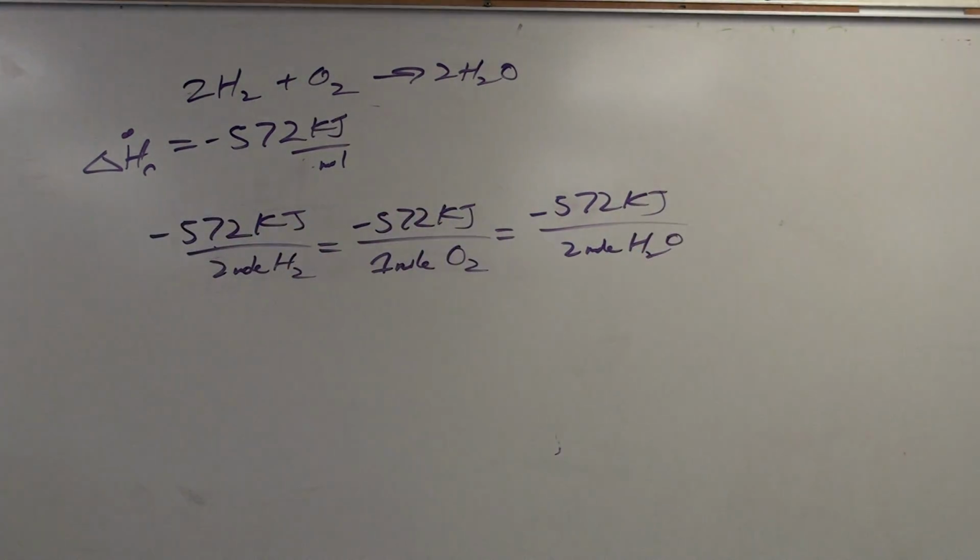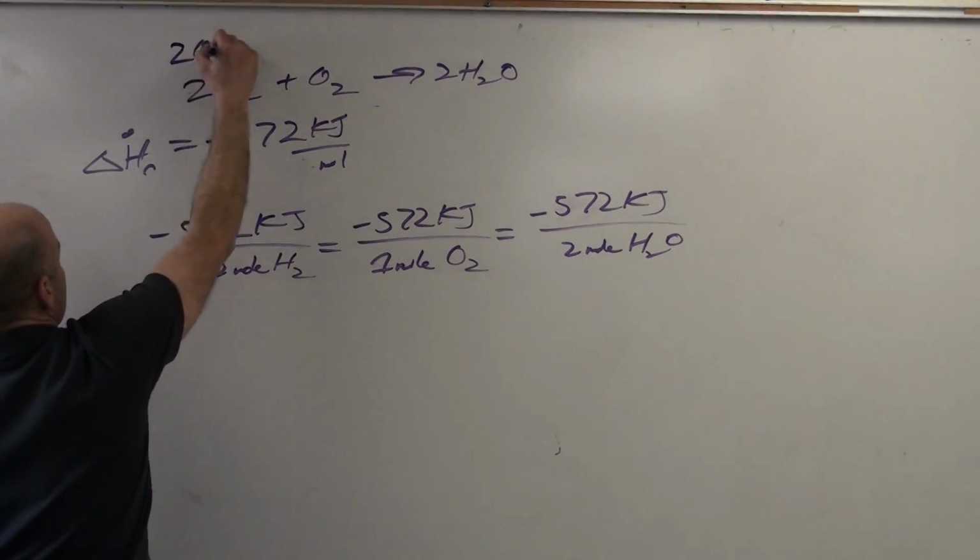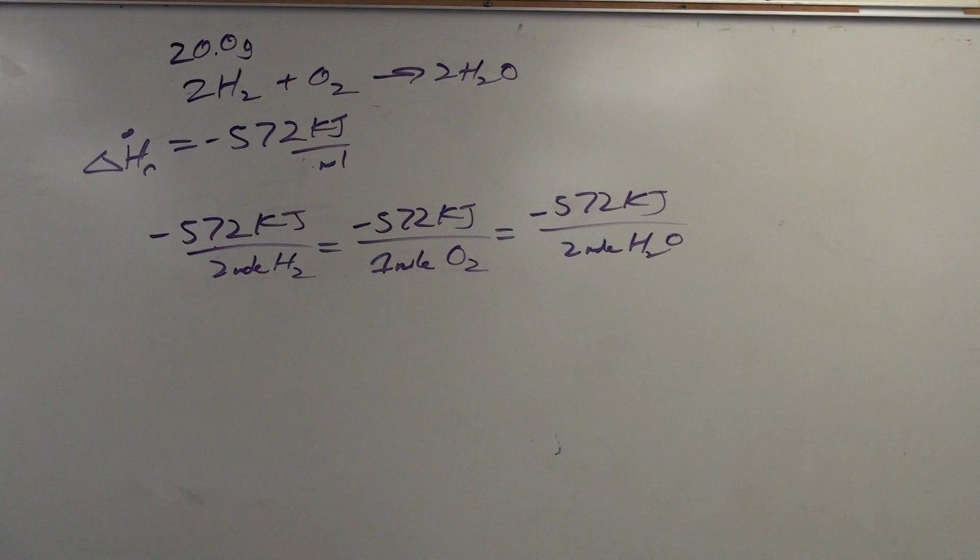So if I were to give you a problem, how much energy is released by, let's just say, 20 grams of hydrogen? Though they probably wouldn't give you a mass of hydrogen, they'd probably give you a pressure and a volume and have you calculate it with PV equals nRT.